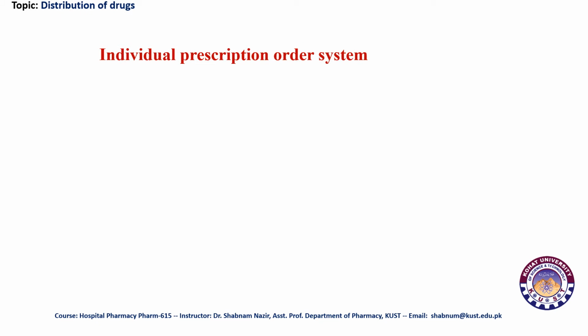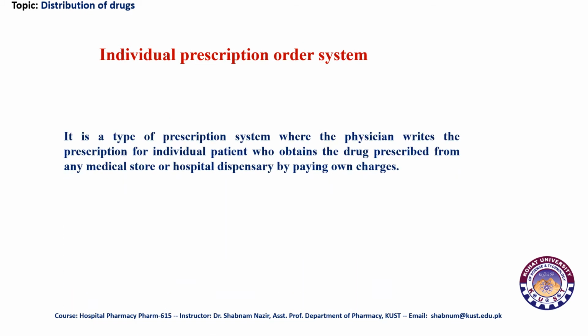Individual prescription order system. So what happens in this system? It is a type of prescription system where the physician writes a prescription for an individual patient, who obtains the drug prescribed from any medical store or hospital dispensary by paying the charges.